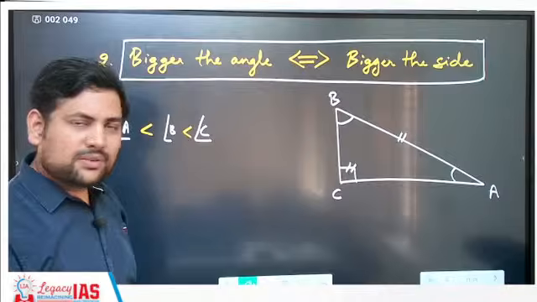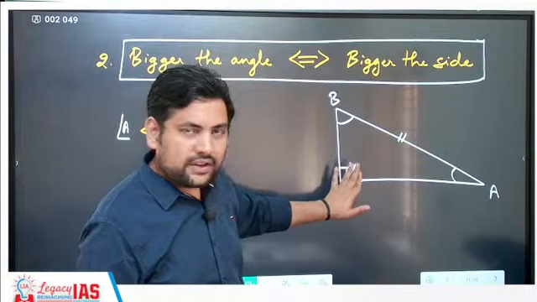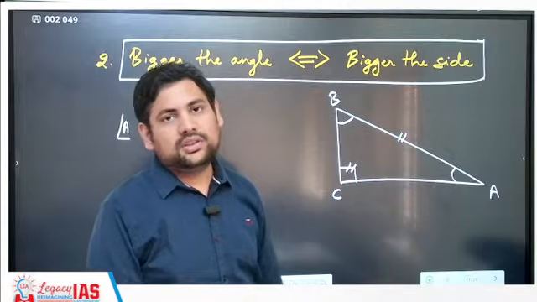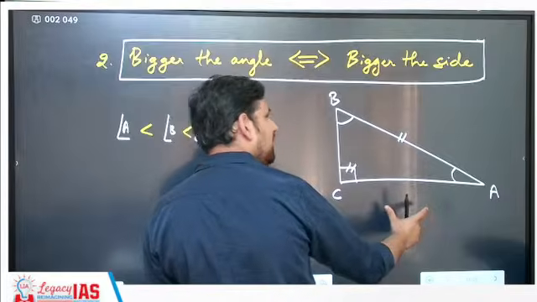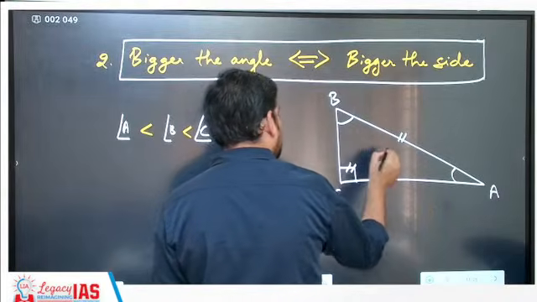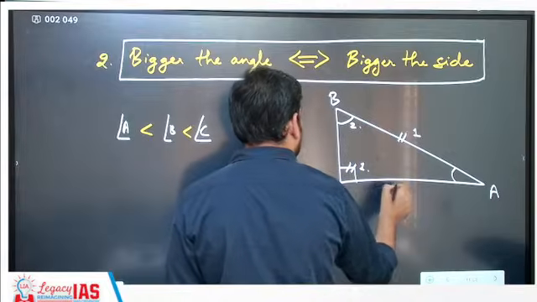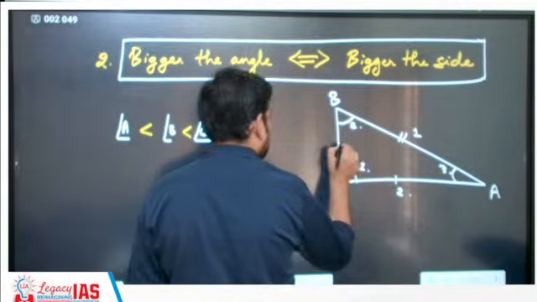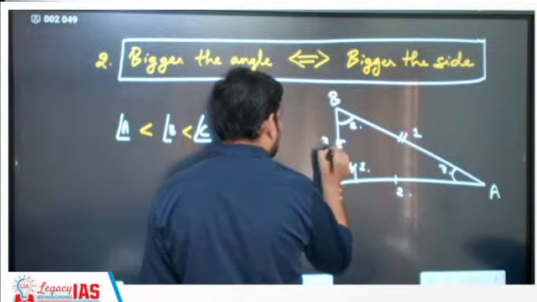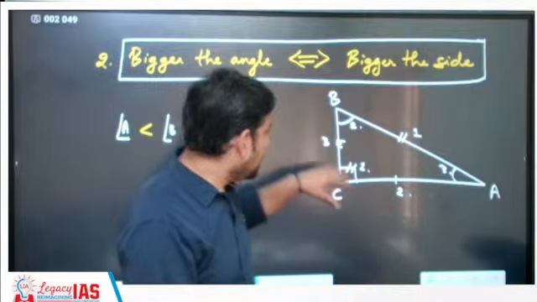Now, can you see that they are opposite to each other? So what happens is that the bigger angle always has a bigger side opposite to it. Now if you look at BC and AC, very clearly AC looks bigger. So if this is the first pair, then this is the second pair, and this is the third pair. A is the smallest angle, so it has the smallest side.